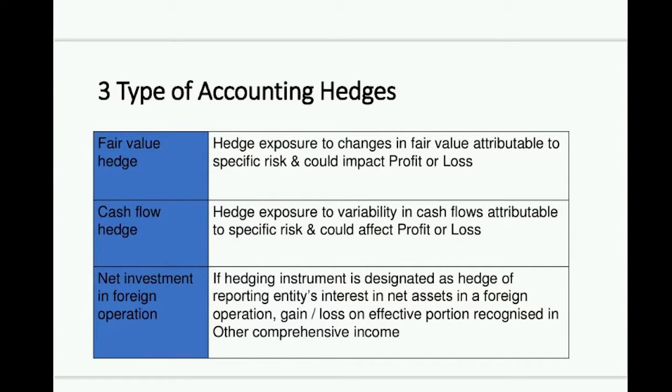And then finally, a net investment in a foreign operation hedge: if a hedging instrument is designated as a hedge of a reporting entity's interest in the net assets of a foreign operation, the gain or loss on the effective portion is recognized in other comprehensive income rather than the standard treatment, which would be to recognize it in profit or loss. We'll discuss each of these with a brief example, just to make sure that we're all on the same page as to what these three different types of hedges are.